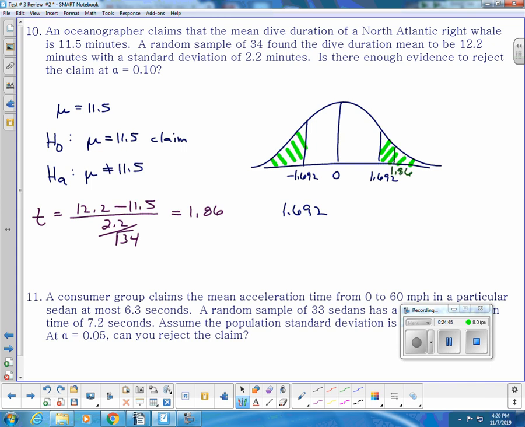And it's well within the rejection region, so we would say we're going to have enough evidence to reject the null. And since the null is our claim, we can also reject the claim.